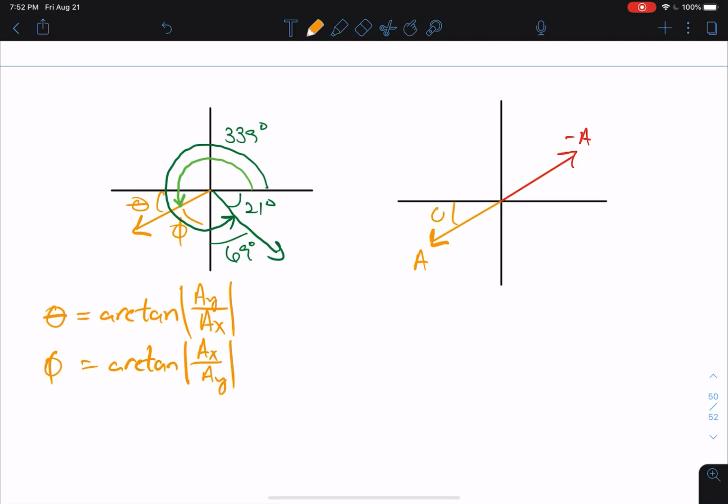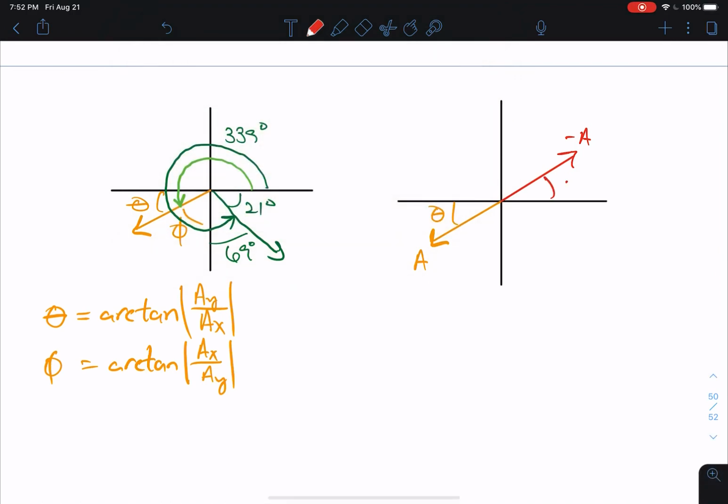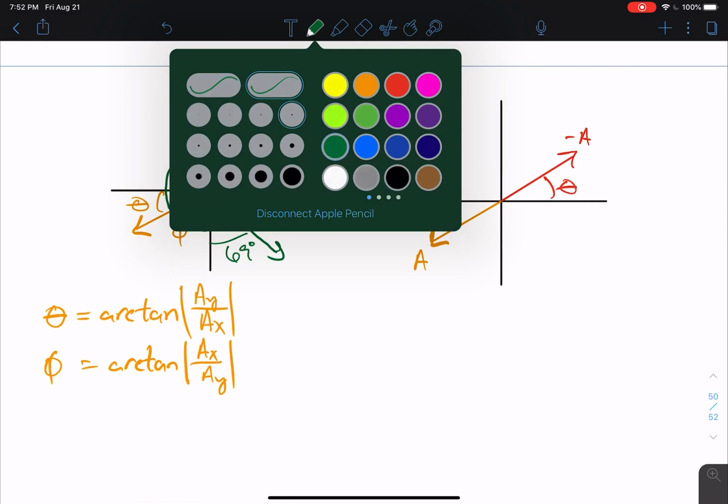This angle here, I already said is theta. Well, if they're truly anti-parallel, guess what then? This angle over here, this angle of the horizontal, is still theta. They're anti-parallel. They're 180 degrees apart. And that's really all there is to it. I can draw any other vector I want. I'll go ahead and draw the other one that I did.